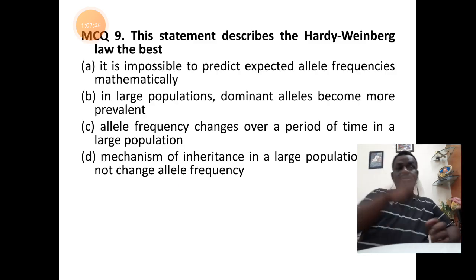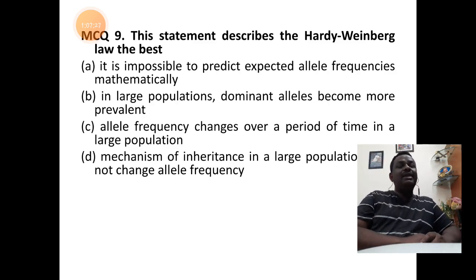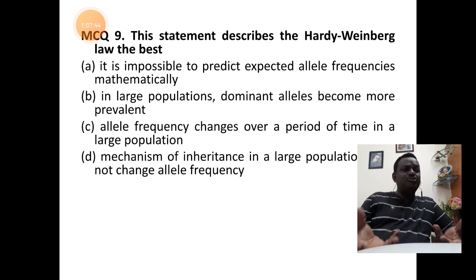Ninth question. The statement that describes Hardy-Weinberg law the best. So correct statement of Hardy-Weinberg law otherwise. It is impossible to predict the expected allele frequency mathematically. No. In large population, dominant allele becomes more prevalent. No. Allele frequency changes over a period of time in a large population.